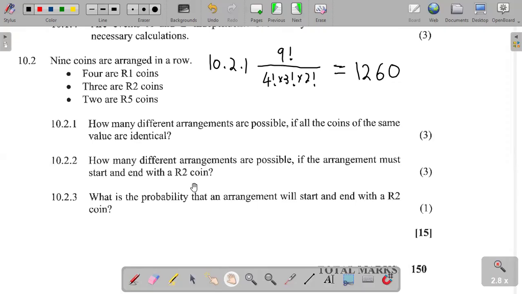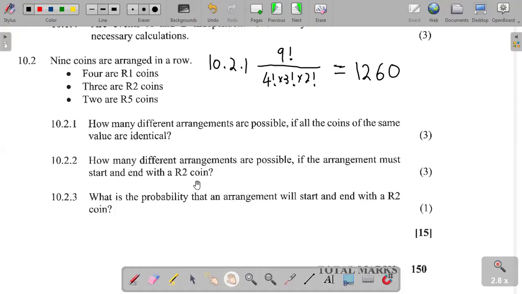Okay, so now the 9 factorial here will be reduced to a 7, and then we must multiply by 3, and we also must multiply by 2. Now, guys, look, it must start and end with a what?